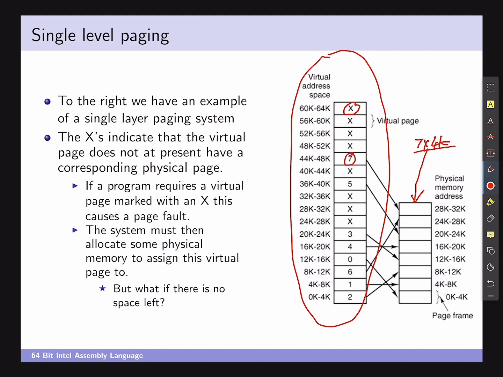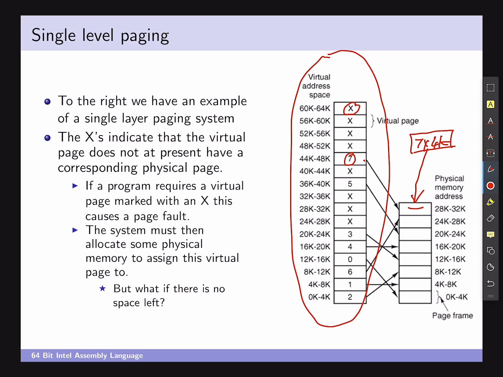Also, you could simply think of it as being the 8th location, because we index from 0. Either is fine. But for the moment, it's good to remind yourself of this correspondence. So 7 times 4 is 28, which means that the start address of this page in physical memory would be at the 28K mark.